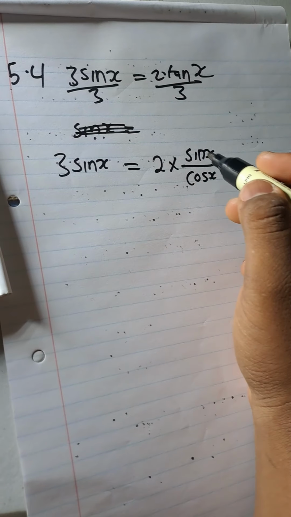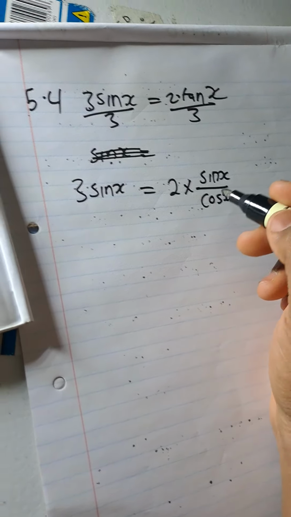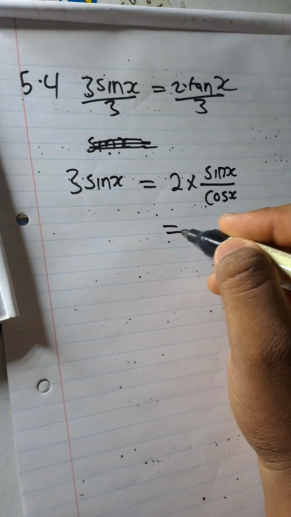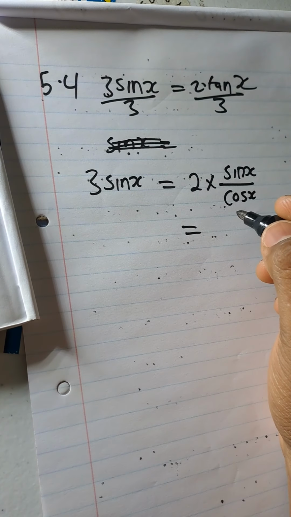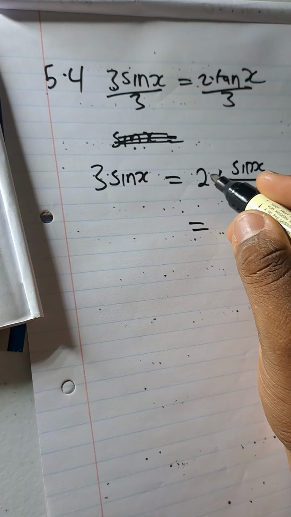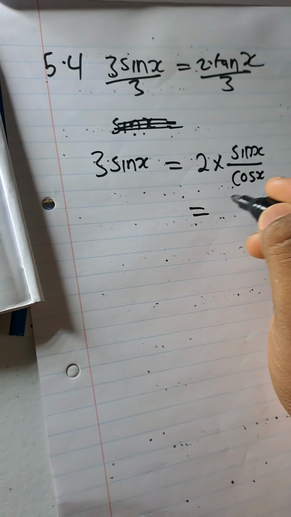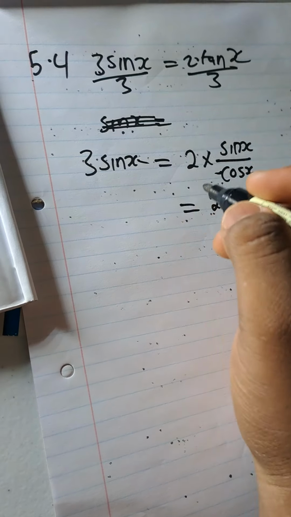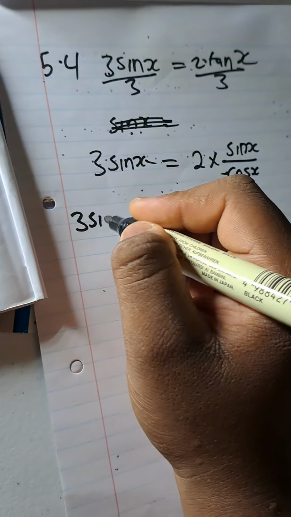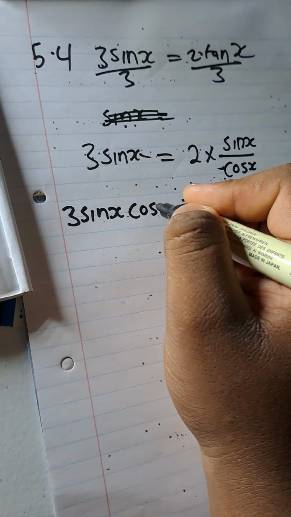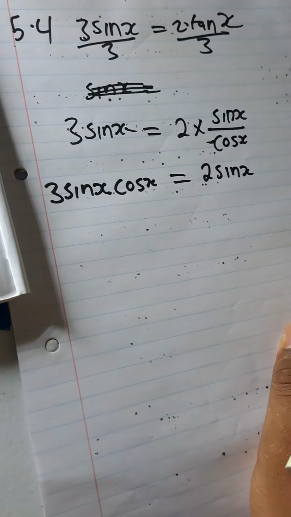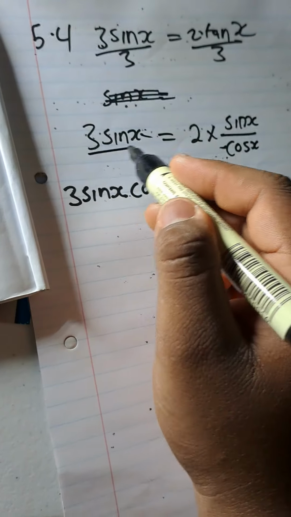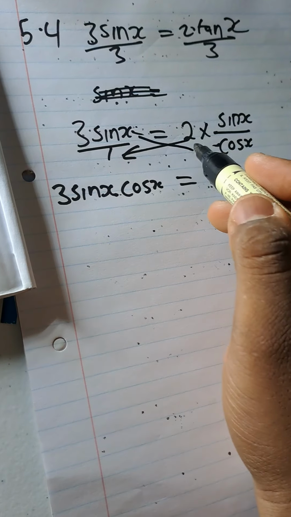Tan x is the one for sine over cos, and then that's when I can cross multiply. So this 2 will go with the sine, so it will be 2 sine x, and then this one will go with that side, so it will be 3 sine x cos x. You see, we are just cross multiplying, so over 1, this one times 1, this one times that one.